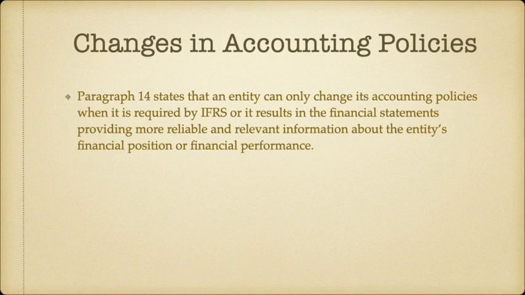Now, like I said, we're not going to be dealing with changes that are required by IFRS. We're only looking at voluntary changes. So this is really the second part over here, where it's going to result in more reliable and relevant information regarding the financial position and financial performance of the entity. Okay.